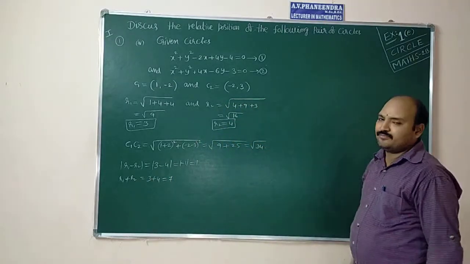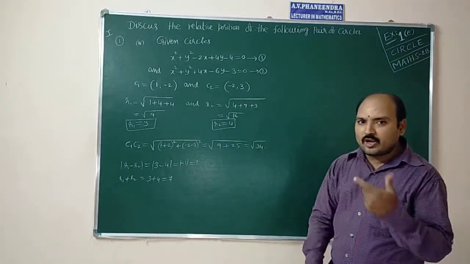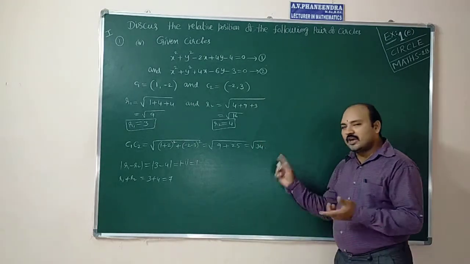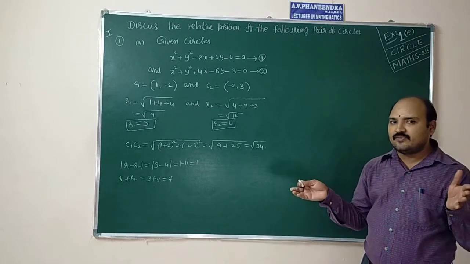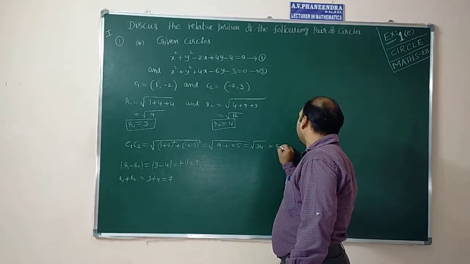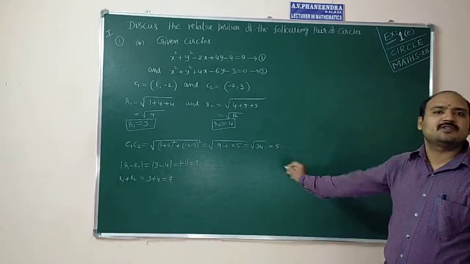From this data, root 25 means 5, root 36 means 6. So root 34 is between 5 and 6. So we can write it as 5 point something.